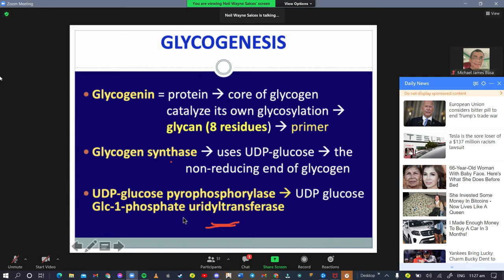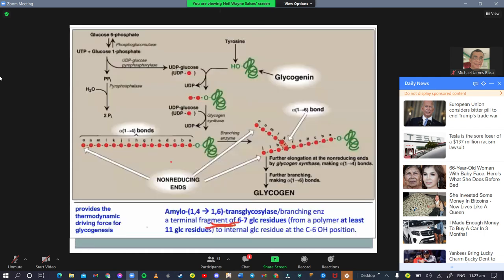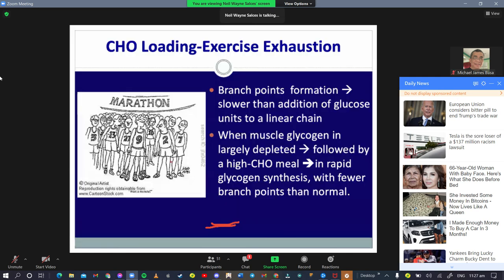As mentioned earlier, UDP-glucose pyrophosphorylase is responsible for the formation of your UDP-glucose. So basically, we mentioned this early on with the metabolism of your glycogen.